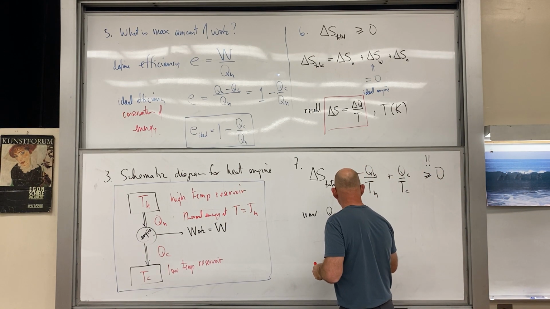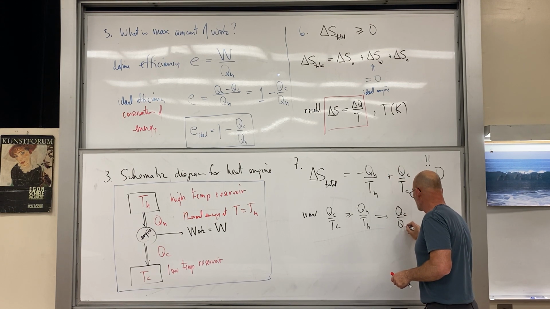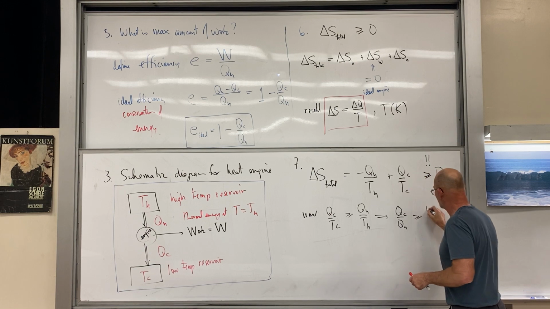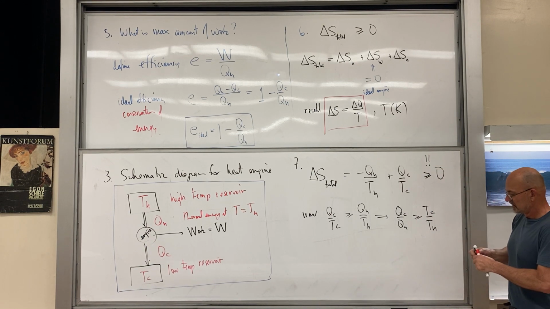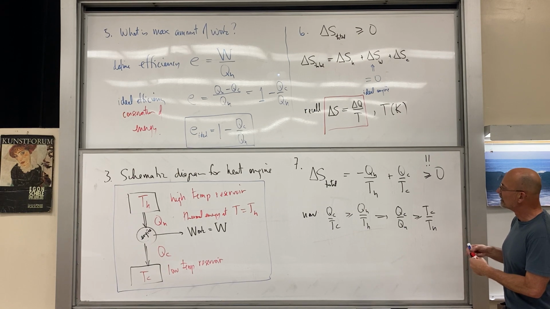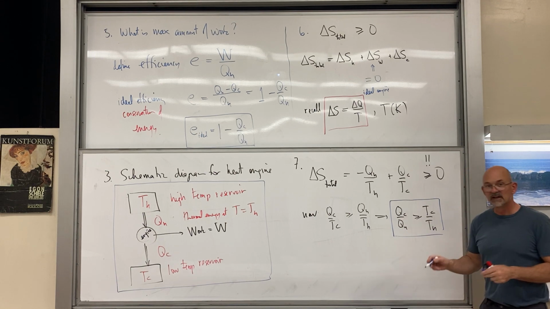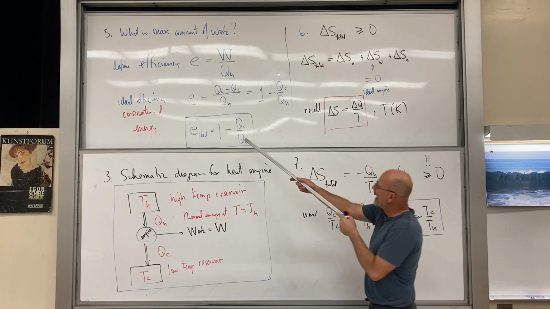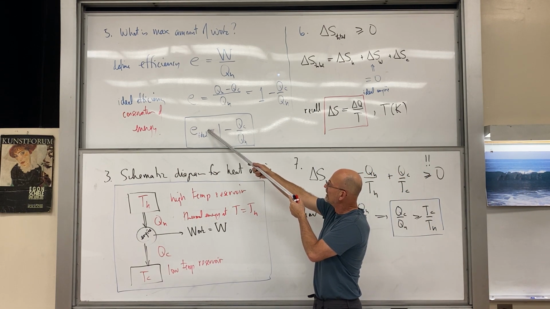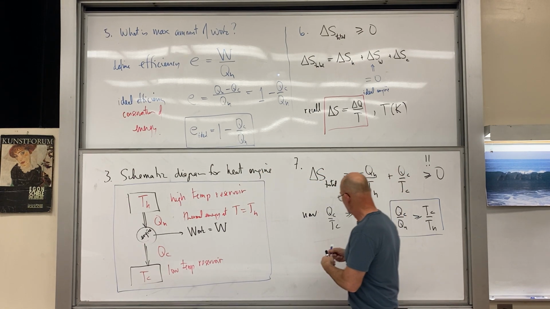And we have QC over QH greater than or equal to TC over TH. So that's simple. This is really the simplest derivation because I'm about to deliver the punchline right here. So now what is the maximum possible efficiency? So A.